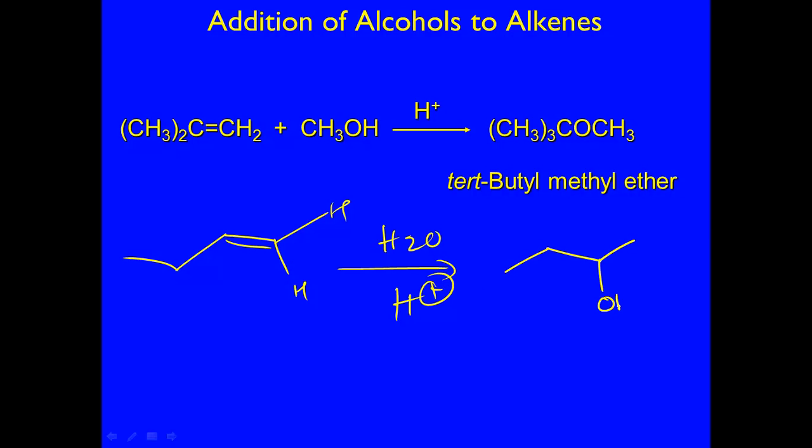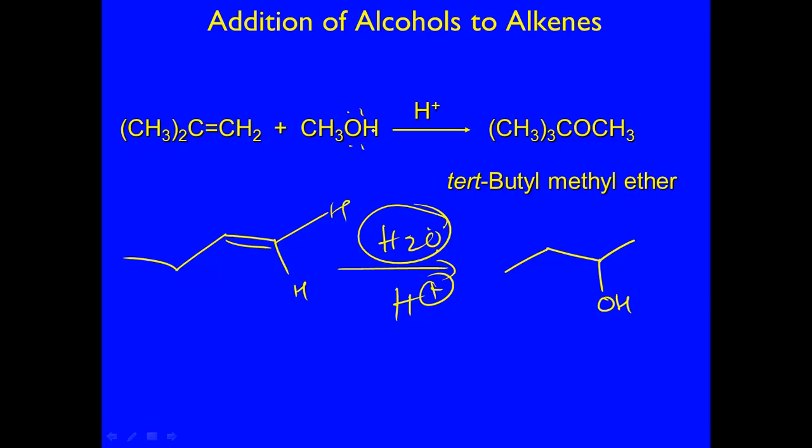You make Markovnikov alcohol, or anti-Markovnikov alcohol by doing hydroboration. Instead of using water, if you use methanol, you can do the reaction still. Just that water is acting as a nucleophile here. You are changing the nucleophile to methanol. So instead of getting alcohol, you get ether. So alkenes can be etherified in the presence of acid.